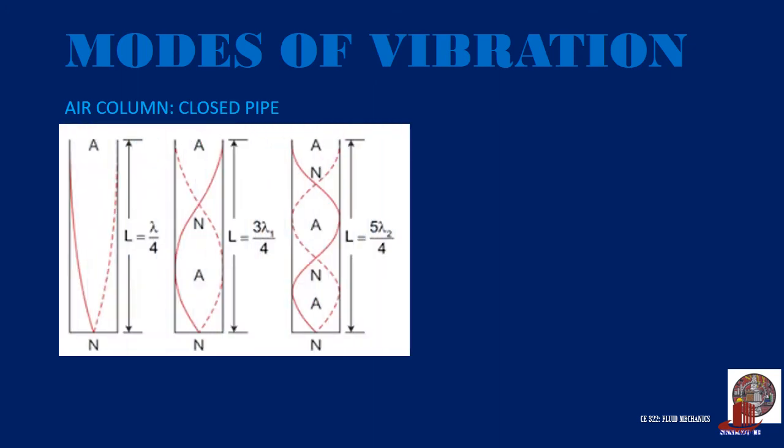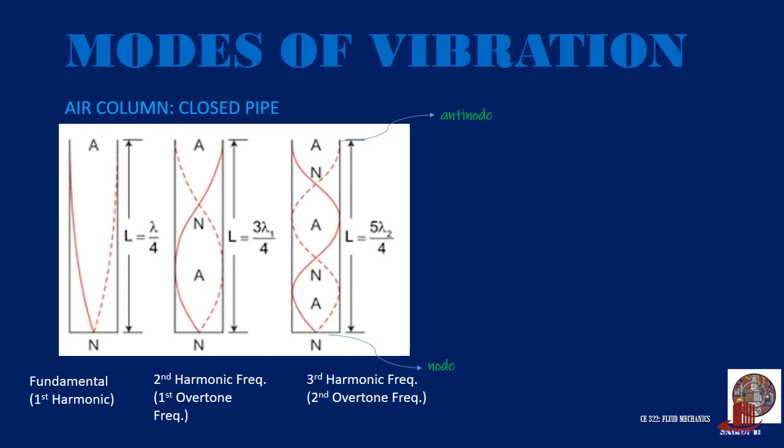The other deviation of the air column is having one end closed. So just the same, the closed end will yield a node, and the open end will be an antinode. Shown are the fundamental, second harmonic, and third harmonic. This is similar to the rod clamped at one end, so we would need to have 4 of the length to make one wavelength.